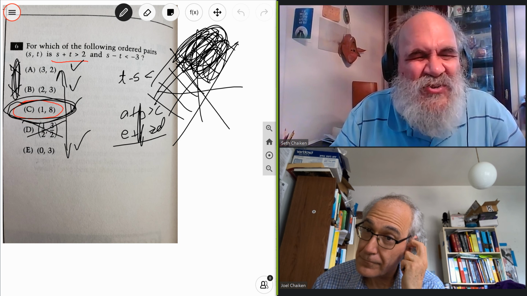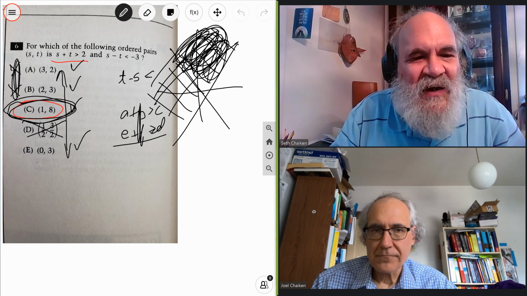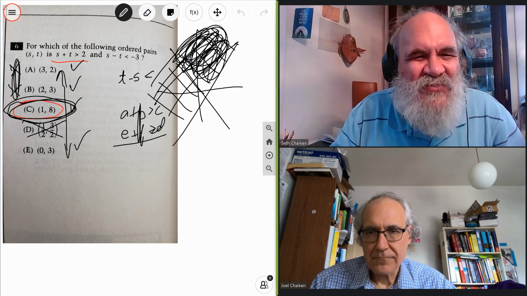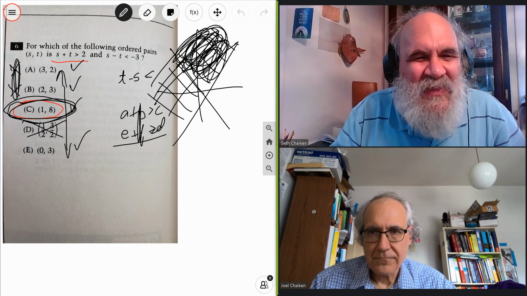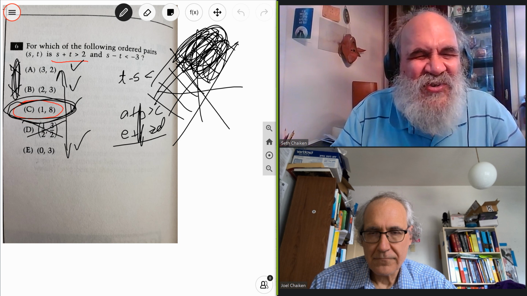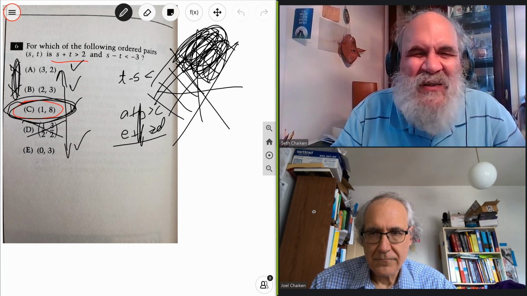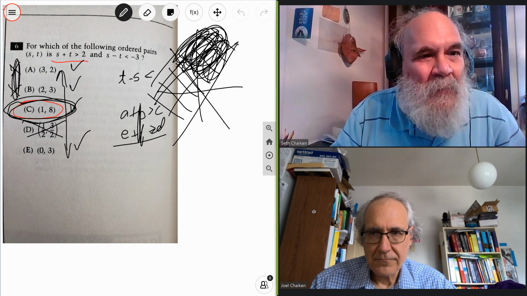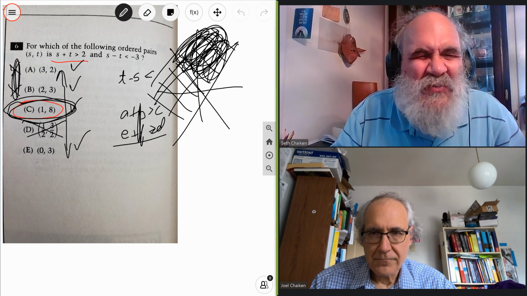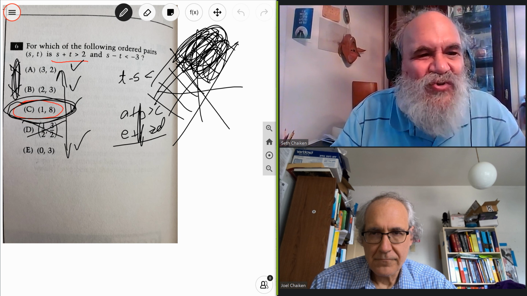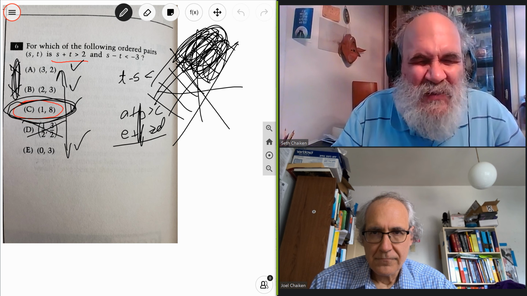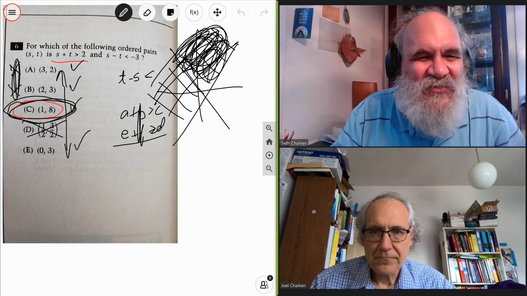Frankly, when I approached it, I took a little extra time to check if S minus T is less than -3 on all of them, and I quickly saw, 3 minus 2 is positive. It's not that. 2 minus 3 is -1, which is less negative than -3.